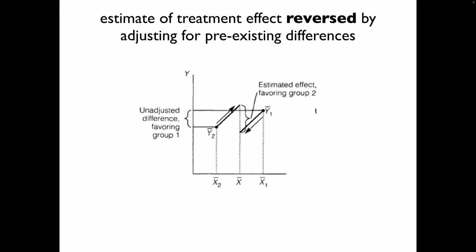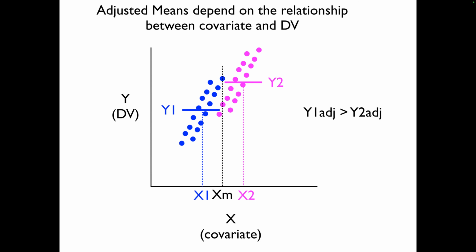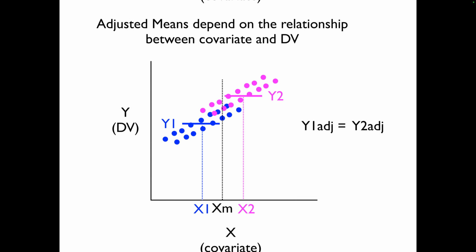Here's a case like in our hippocampus example, where the estimate of the treatment effect is reversed by adjusting for pre-existing differences in x. y2 is less than y1 in the raw means, but when you equate them on x, y2 is greater than y1. So we saw in our previous example that you can have the adjusted means reversed compared to the raw means.